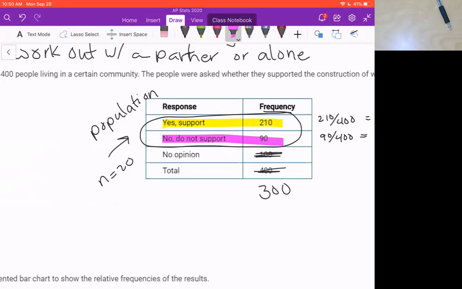It would not be representative of the population. In order to represent the population, we really want to look at our proportions here. 210 out of 300, we really want 70% of our sample to be from the yellow group, and then we want 30% to be from the pink group, because that's 210 out of 300, okay?